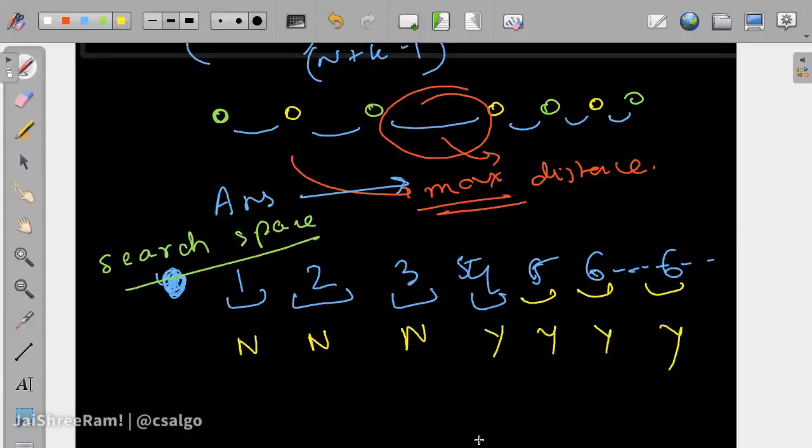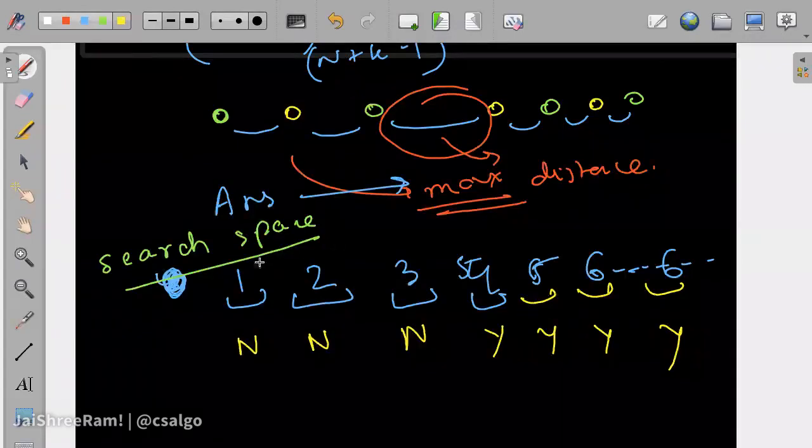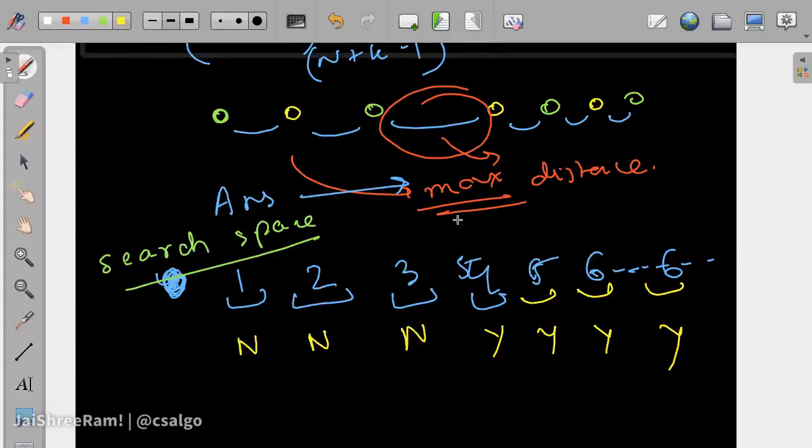This is what you need to identify in a problem to see that binary search will work. If after putting k points you can make the maximum distance between any two consecutive points equal to 4, then you can also make it 5. So the answer, that is the maximum distance, is the search space.